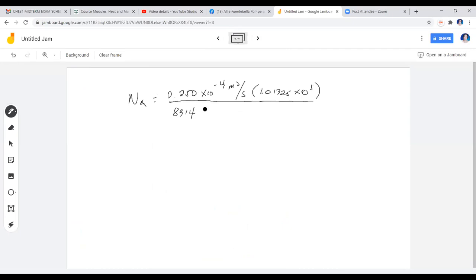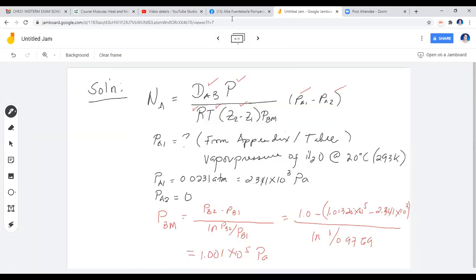What is the R for SI? The appropriate R for SI is 8314, right? So 8314. Then we have the temperature, which is 293.